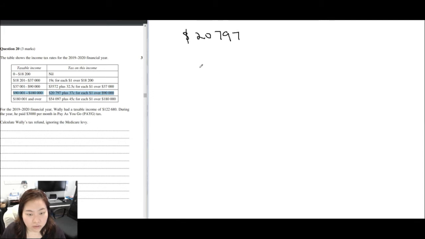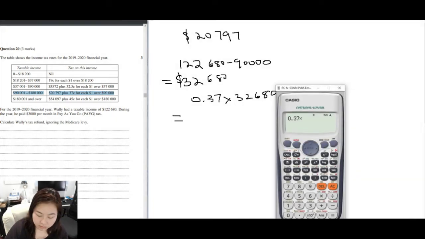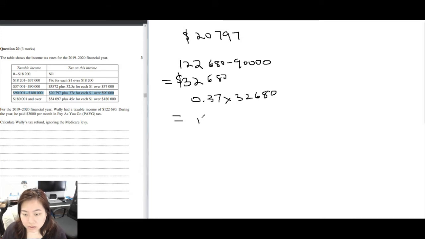How much is he over 90,000? 122,680 minus 90,000. That's $32,680. And he has to pay 37 cents for each dollar. 12,091.6.